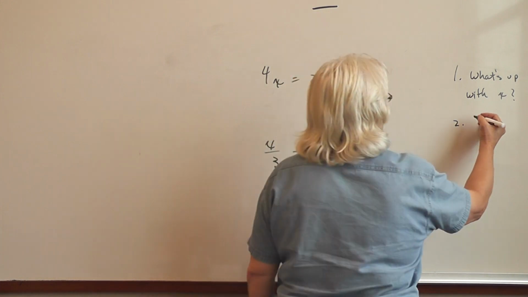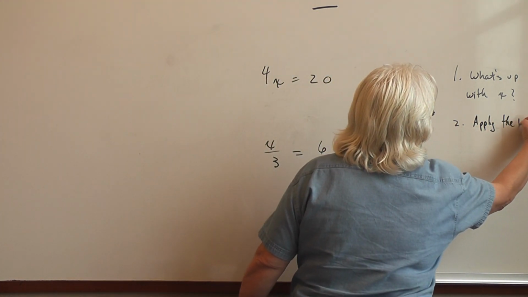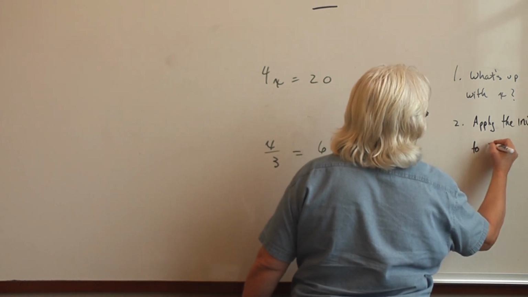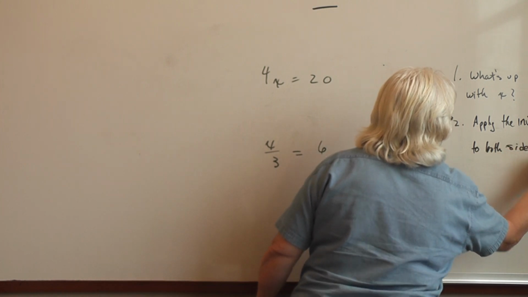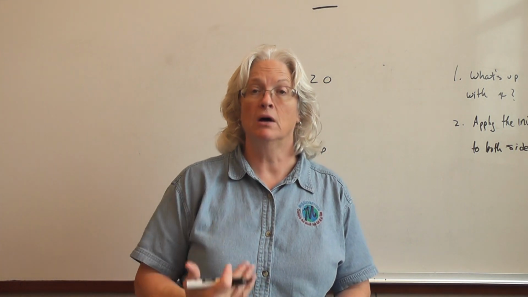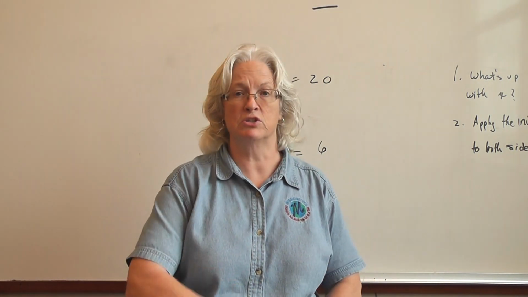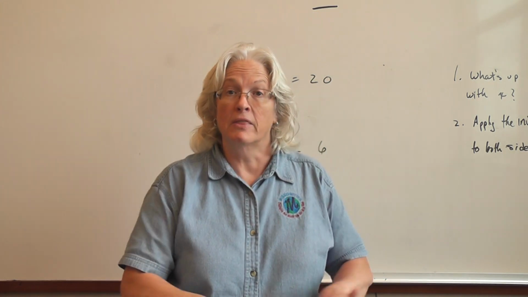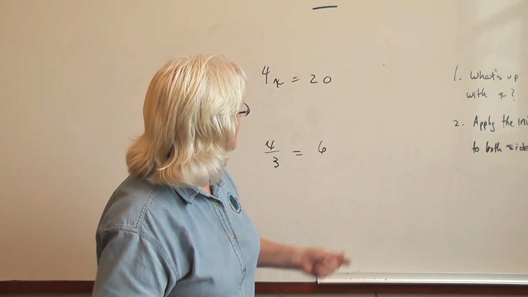And we're going to apply the inverse operation to both sides of the equation. What are inverse operations? Inverse operations undo one another. I use that old example over and over again. You put a jacket on, you zip it up, that's one operation. You unzip it, that's the inverse operation, and it undoes it. You're right back where you started.